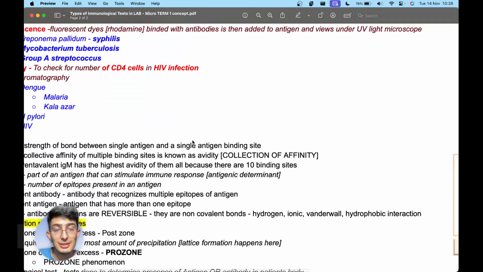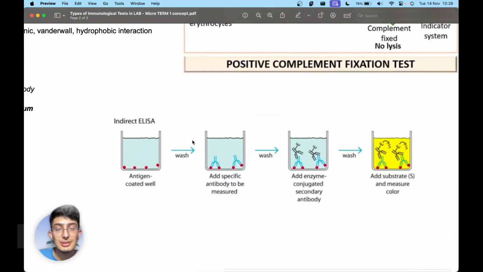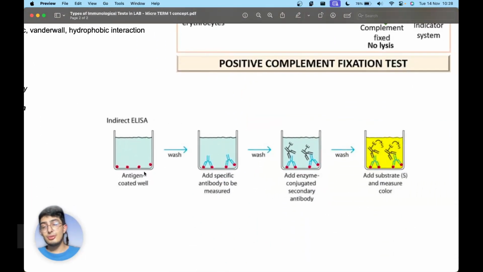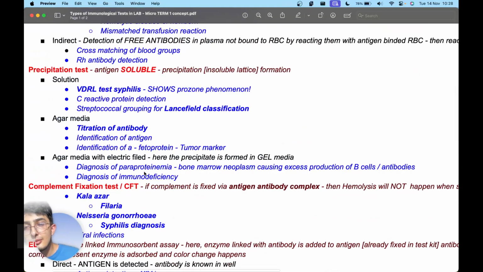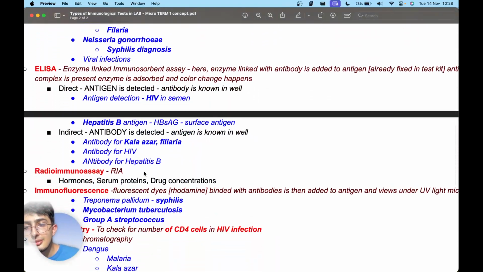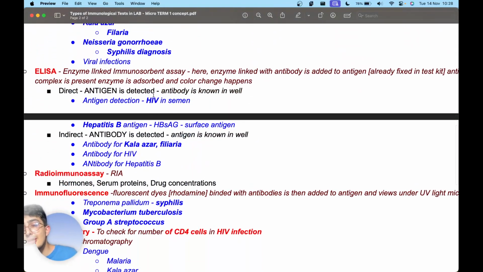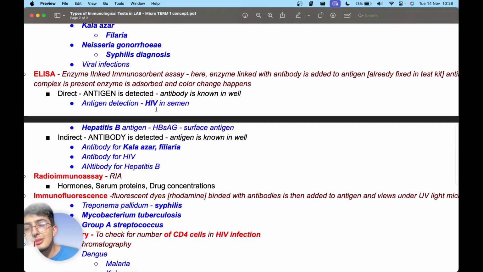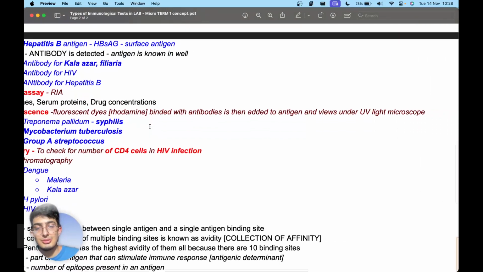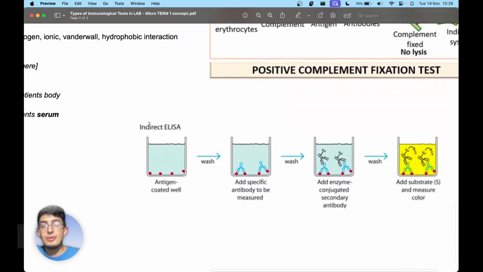So let's check. We use ELISA to detect HIV antigen, or say Kala Azar antibody. Say we are trying to detect HIV in a person. If a person has HIV virus inside them, the body will make antibodies against the HIV virus.